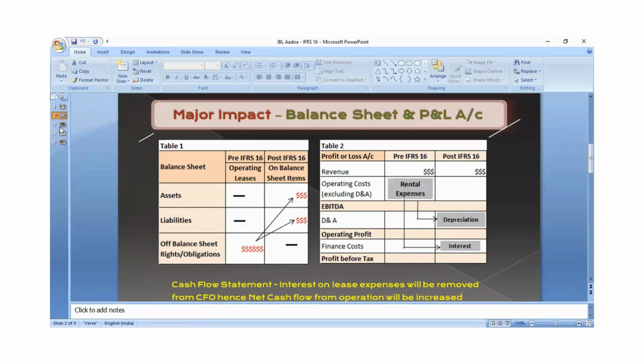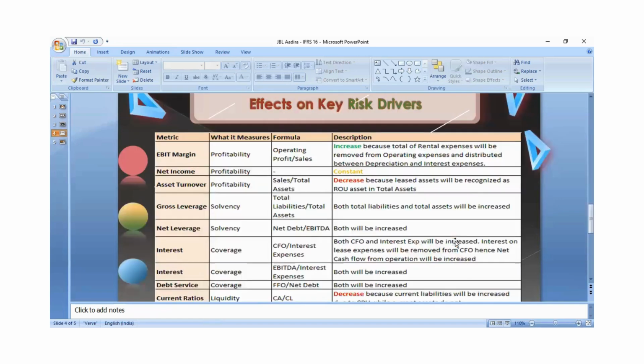It means that cash flow from operation will be increased, and interest expenses will also be increased because of interest on lease liability, the additional loan which we are showing in the liability side, for which we are paying interest expenses. That would also be increased.